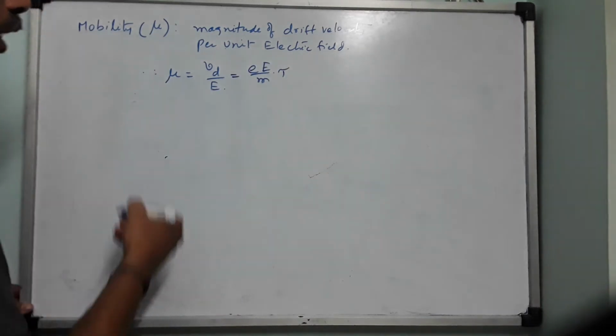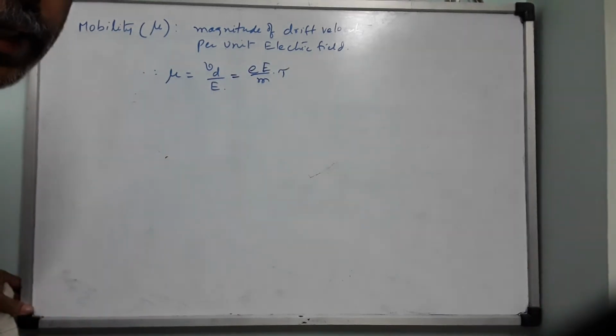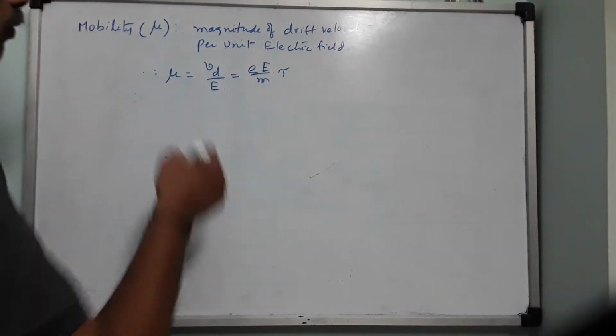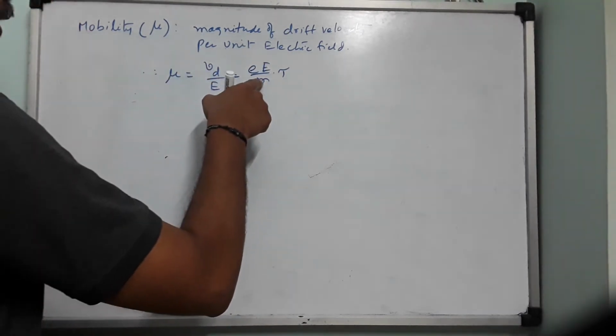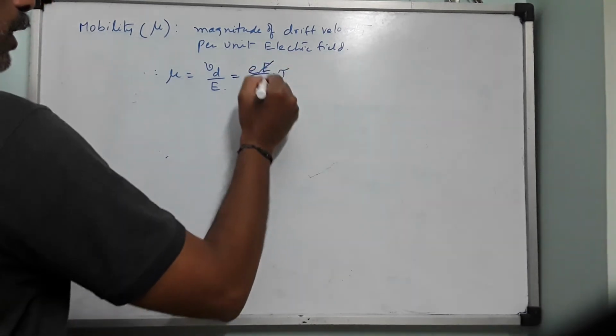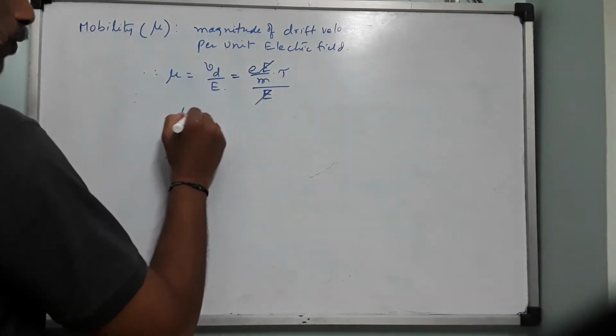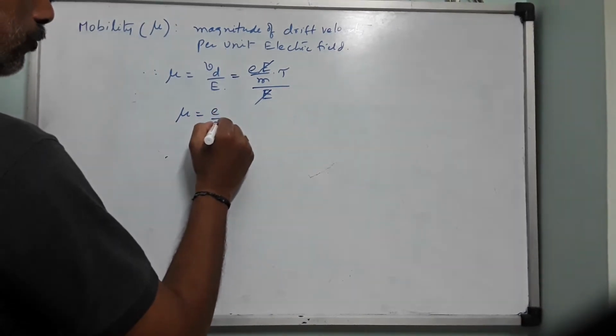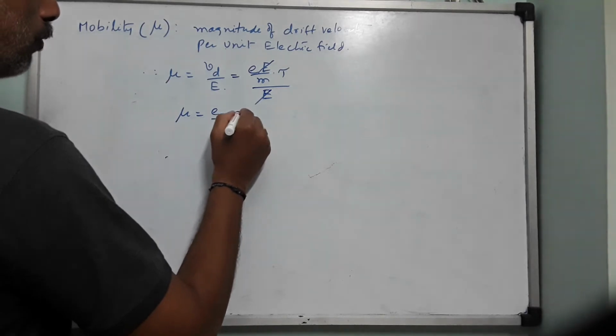You see how the equation comes out for Vd. Drift velocity is eE divided by m into tau, whole divided by E. So this E and E will cancel. You are left with mu equals e by m into tau.